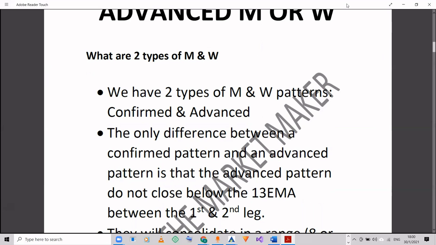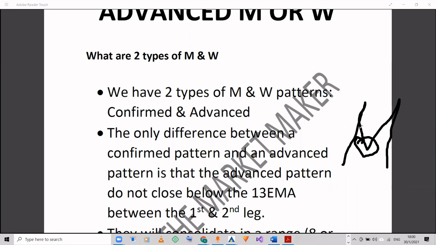An apex is this part of the M right here. As you can see, this is an M, right? This part of the M, this is the apex. So an advanced pattern is expected to be something like this, just like that. Then the 13 EMA crossover will be there, so there will be no apex. This thing that's supposed to be here will not be present.